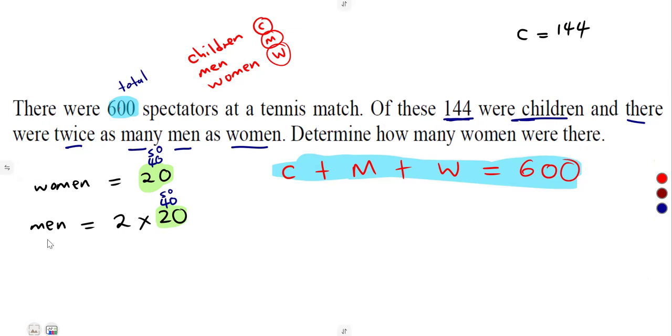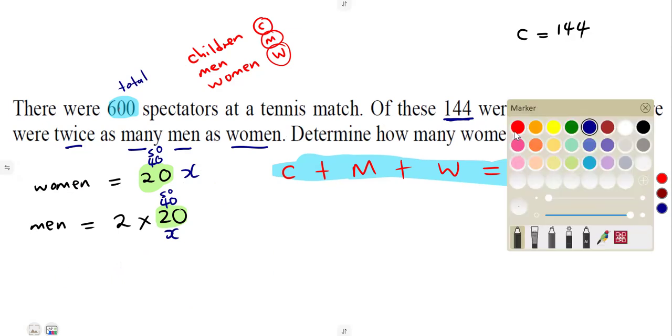As we can see, men depends on women from what we're given because they are referred from women. So we can say let the number of women be X. What about the number of men? It is going to be 2 times X. Men are referred from women.